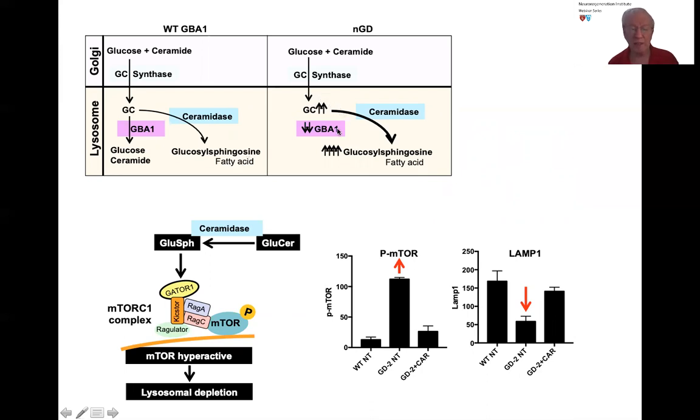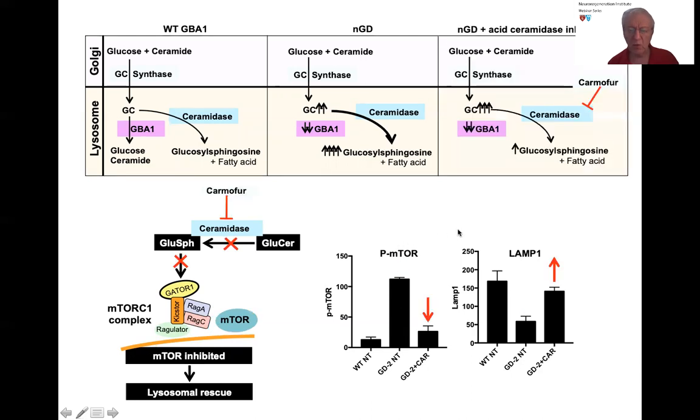There is quite a bit. And it is not that this enzyme is elevated. It is that it really works over time. And then this very high level of glucosylceramide is converted to a very high level of glucosylsphingosine, which is shown here. And then when we give the inhibitor carmofur, then by inhibiting this enzyme, we can rescue the phenotype, the mTOR phenotype and the LAMP1 phenotype.